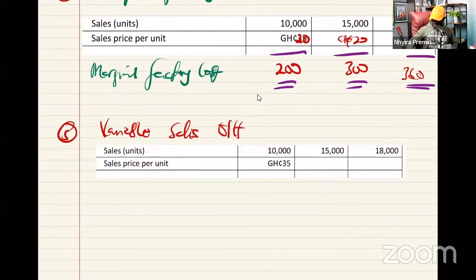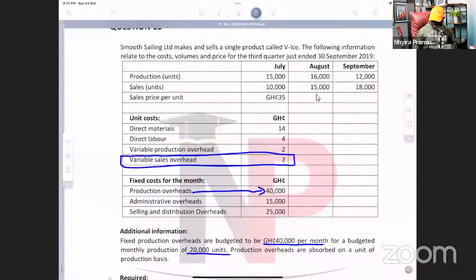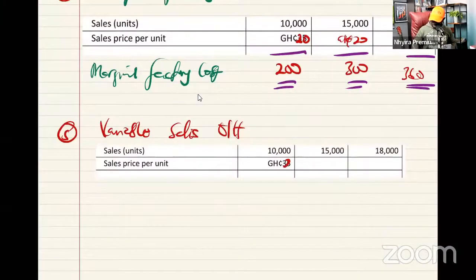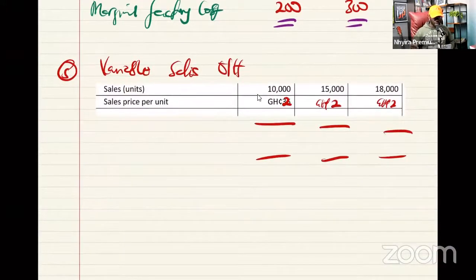So what do we have? The variable sales overhead is 2 Ghana cedi. So I'm going to work with 2 Ghana cedi here. So what do we have? We're going to have 20 here. We're going to have 30 here. 18 by 2 is 36.